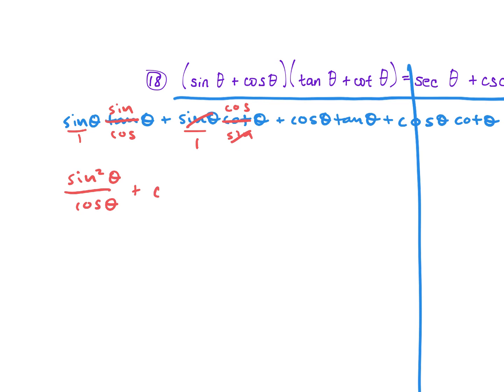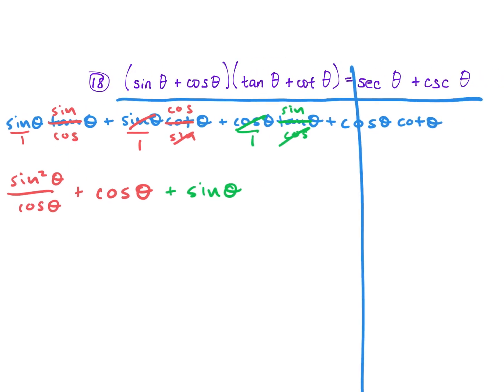So this is just cosine here. Tangent becomes sine over cosine. So the cosine on top cancels out with the cosine on the bottom. So this would just be sine. And then for our last one here, cotangent is cosine over sine. So when we multiply these together, we get cosine squared over sine.